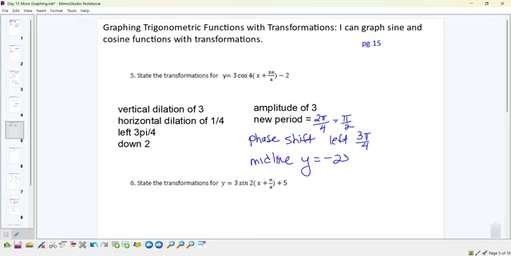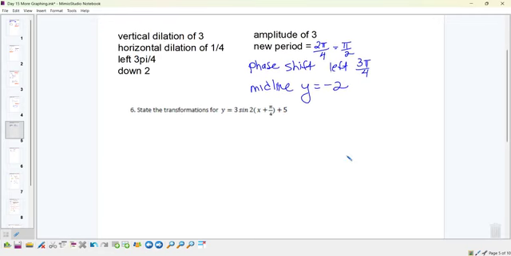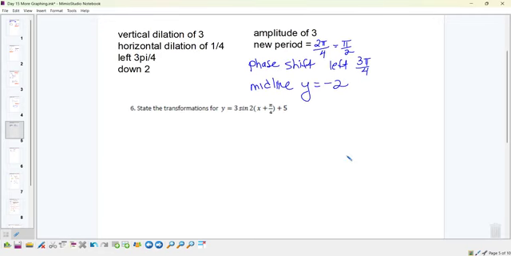Okay, so let's try that for number 6. State the transformations and then state the sine cosine properties that correspond to those transformations. All right, so we've got a vertical dilation of 3, which means an amplitude of 3 again.